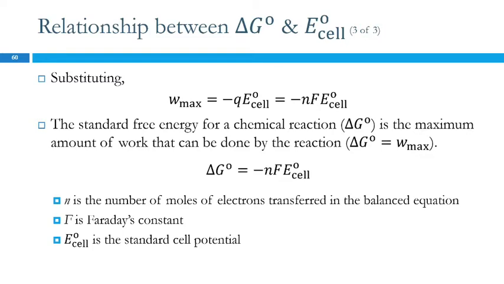And so W max is delta G0. So here we get this relationship that the standard free energy change is equal to negative nF standard cell potential. F is Faraday's constant, n is the number of moles of electrons transferred in the balanced chemical equation.